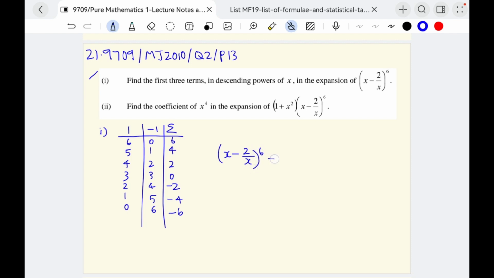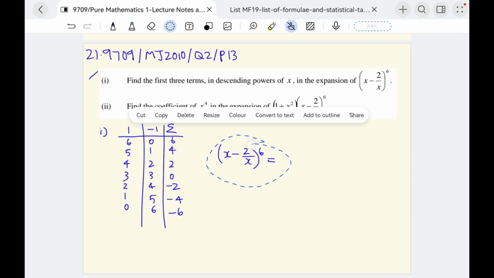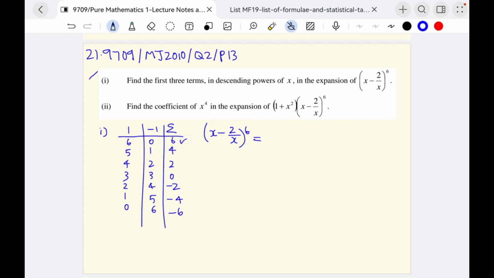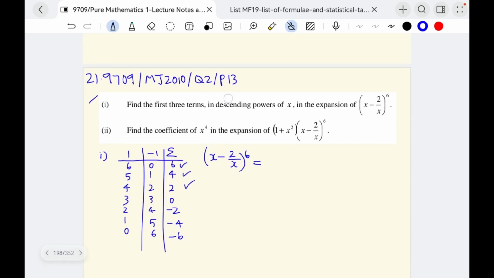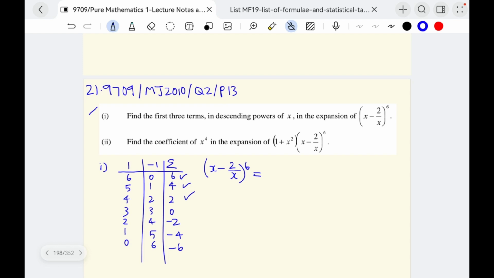Okay, it only wants the first three terms. So take first, second, third. Alright, at least you need to write out the term of the nCr and each term with its degree. Okay, this is as your base method marks.